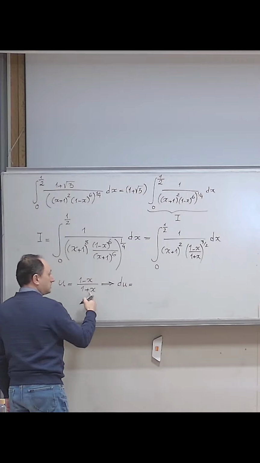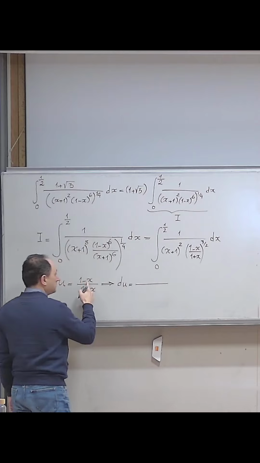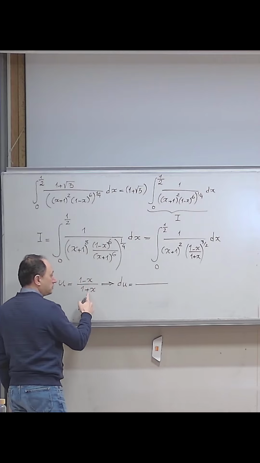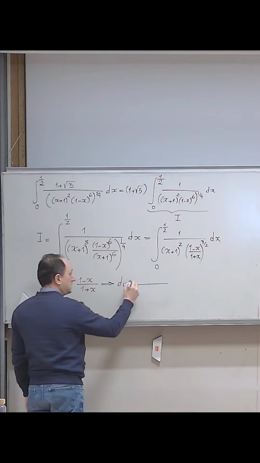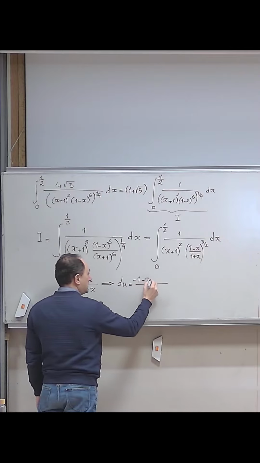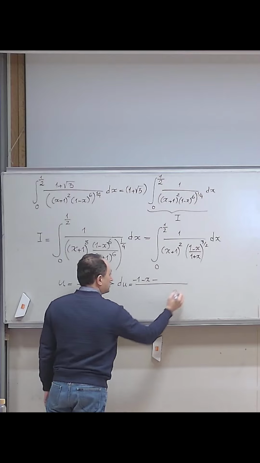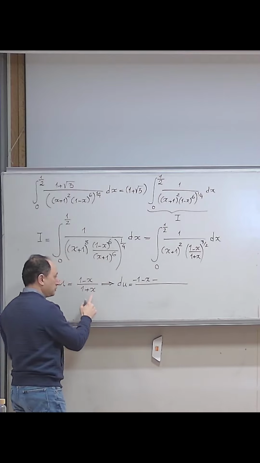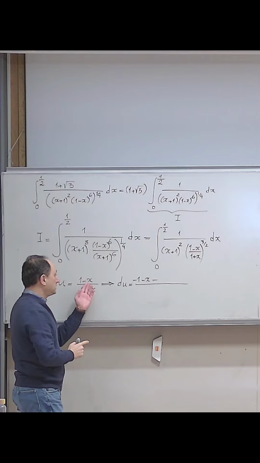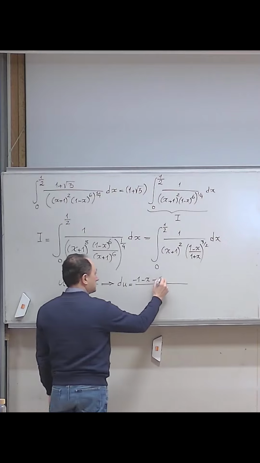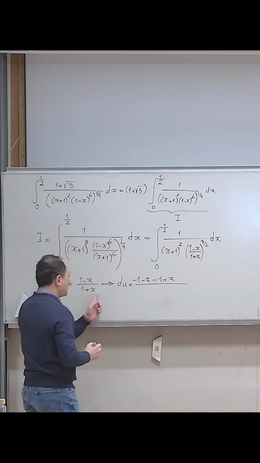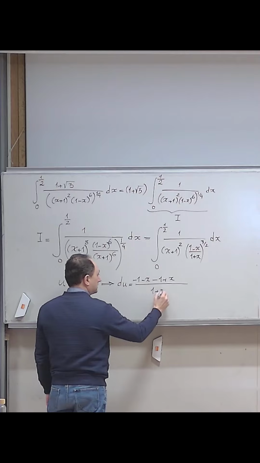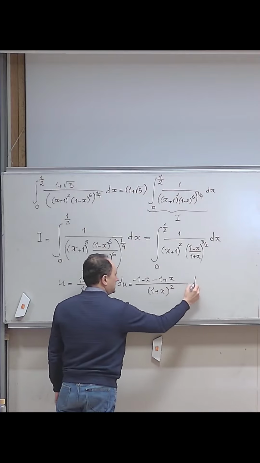This is the quotient rule: the derivative of the numerator, which is minus 1, multiplied by the denominator itself, which becomes minus 1 minus x, minus the derivative of the denominator, which is 1, multiplied by the numerator itself, so it becomes minus 1 plus x, divided by the denominator squared, and then dx.